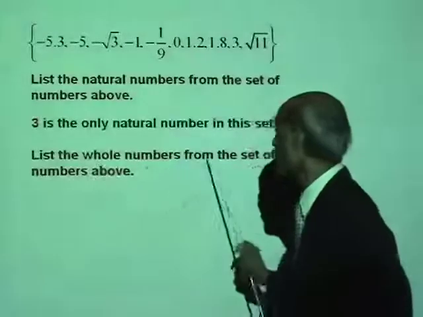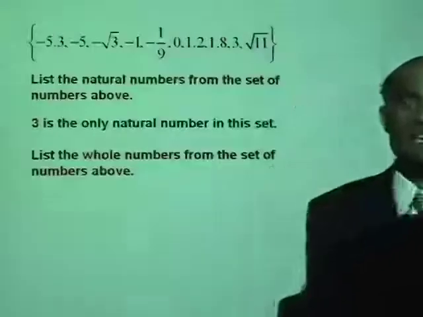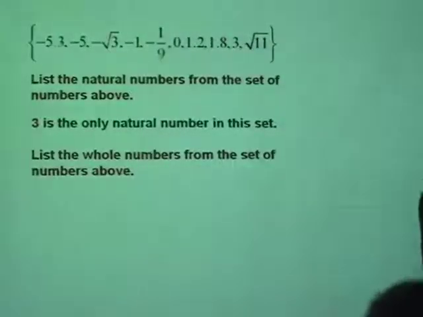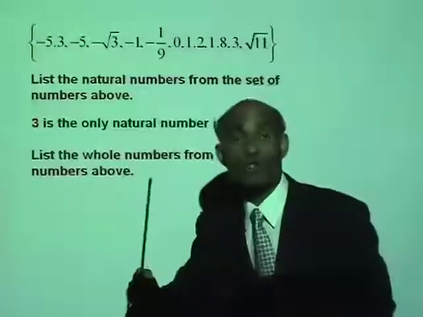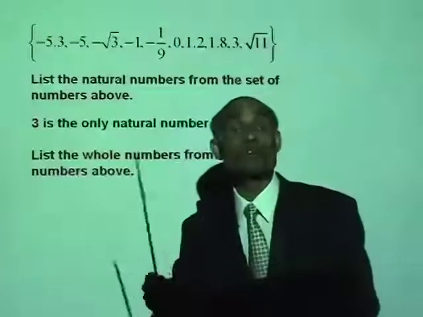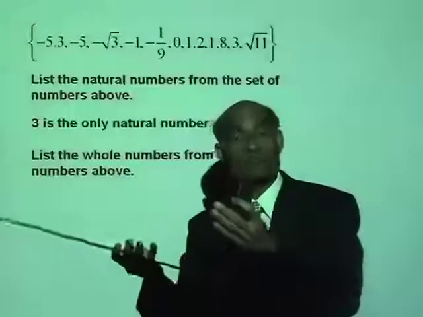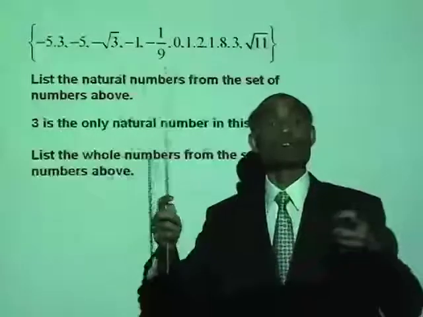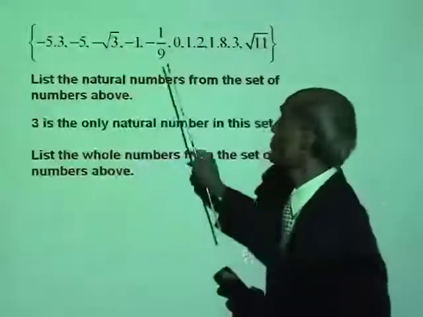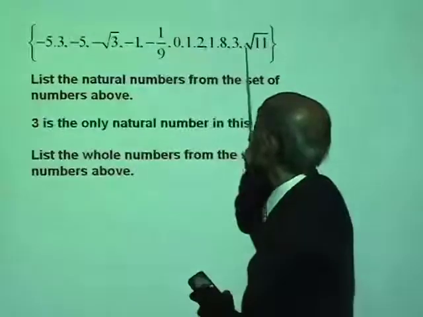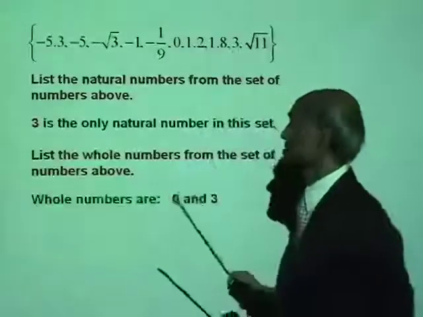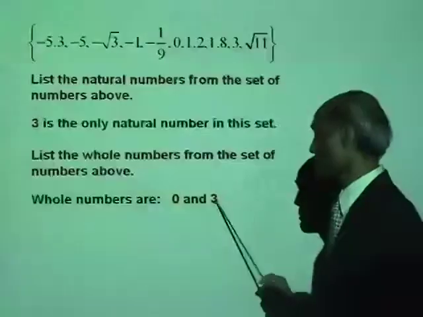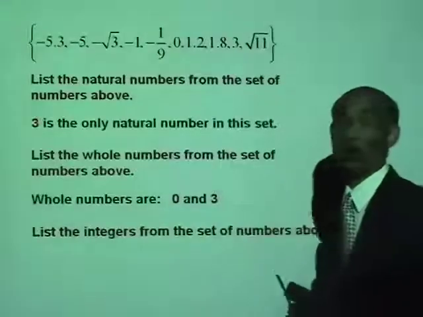Now, list the whole numbers from this set of numbers. Well, whole numbers also include 0. Along with natural numbers, you put 0, you get the set of whole numbers. So 0 and 3 are the whole numbers.